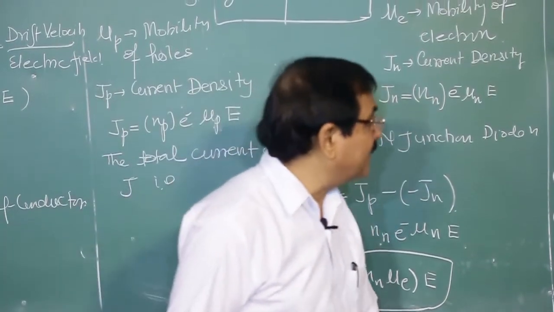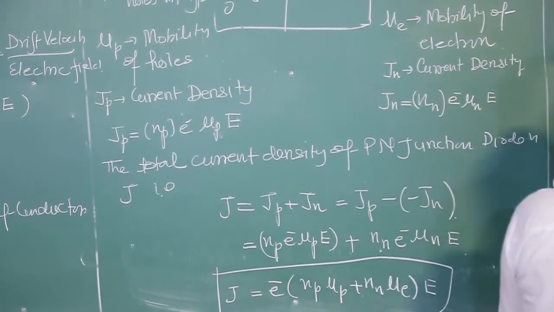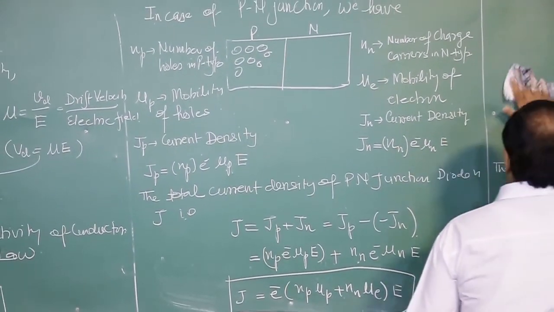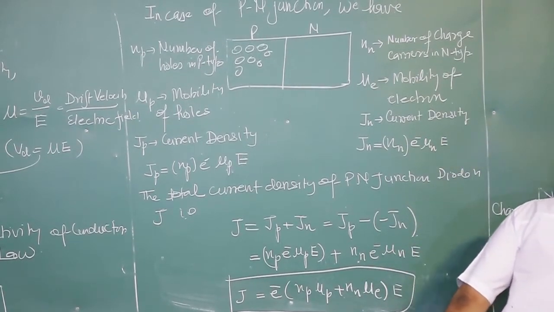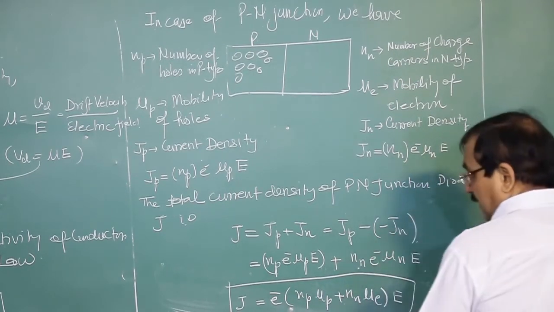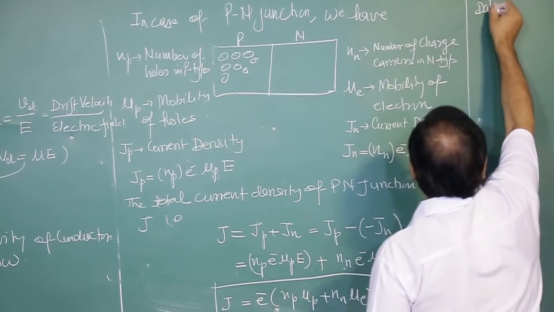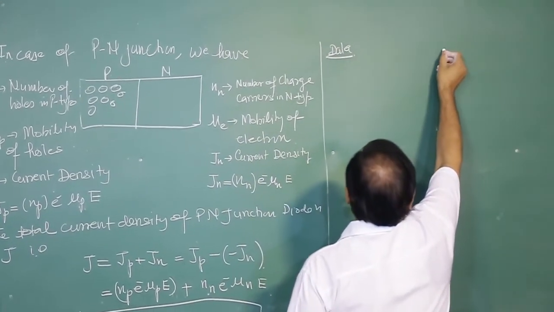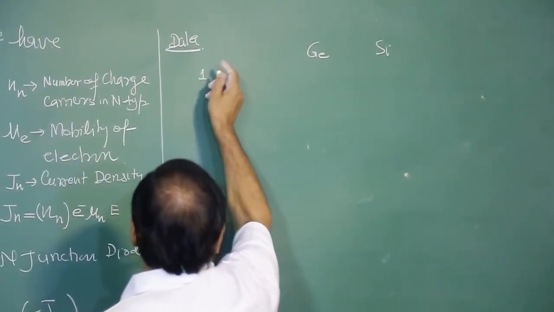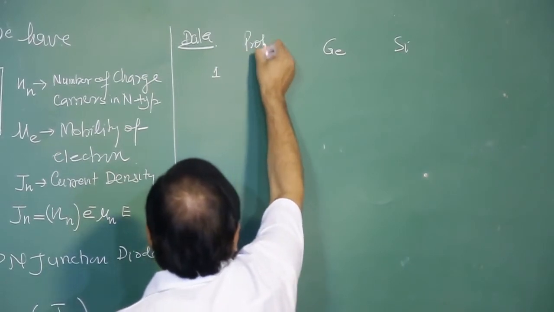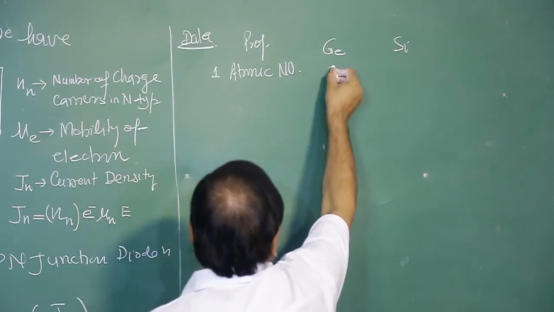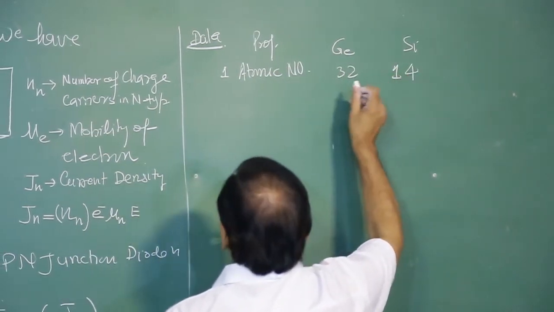Or from this current density, we can also have the conductivity. For that, if we collect the data set for germanium and silicon: first property is atomic number, 32 and 14.